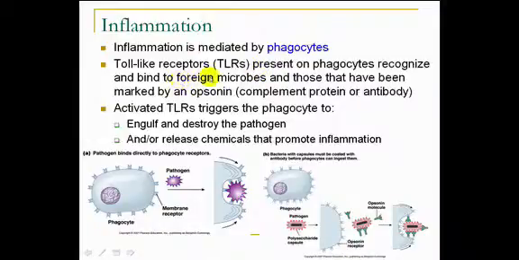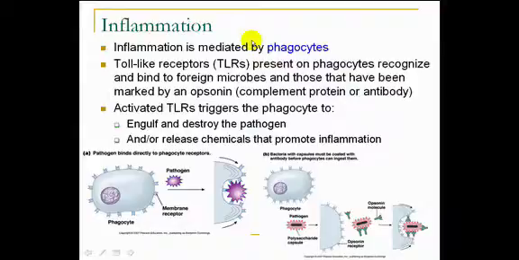And they recognize a foreign microbe, and they'll engulf it, okay? Because when the pathogen binds to the toll-like receptor, it triggers the phagocyte to engulf and destroy the pathogen and/or release chemicals that will promote inflammation. Usually both happen. It will engulf and destroy the pathogen and release chemicals that trigger inflammation.